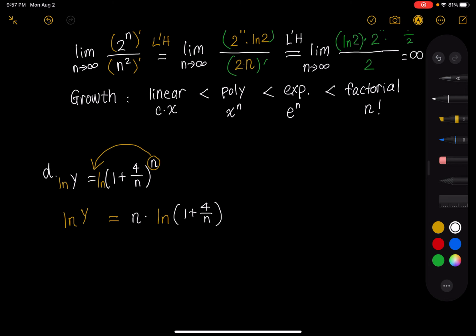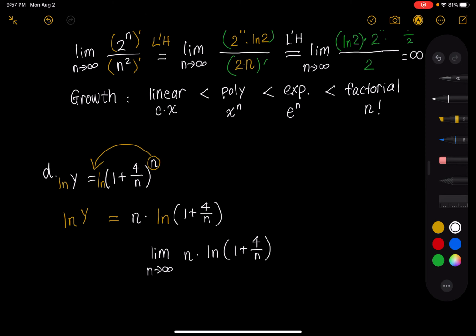Okay, so now we have this expression that we need to take the limit of. So now we take the limit as n goes to infinity of n times ln of 1 plus 4 over n.